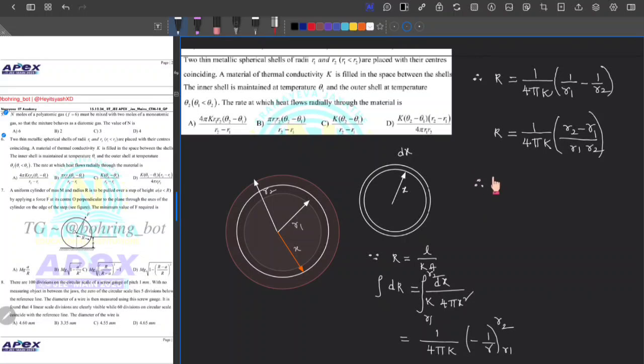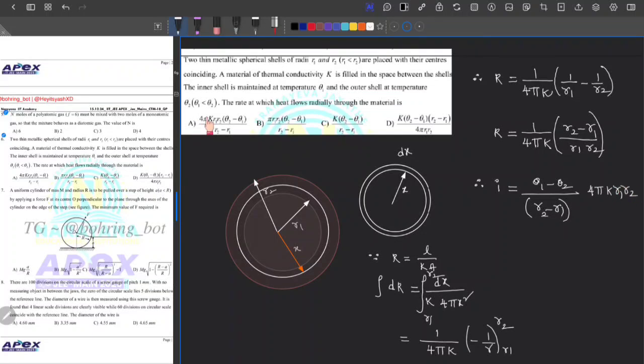Therefore you know the thermal current formula, thermal current I is equal to the temperature difference, which is theta 2 minus theta 1. So the inner shell is maintained at theta 1 and the outer shell is maintained at a temperature of theta 2. Therefore high minus low, it's nothing but theta 1 minus theta 2 by the resistance, r2 minus r1 by 4 pi K r1 r2.